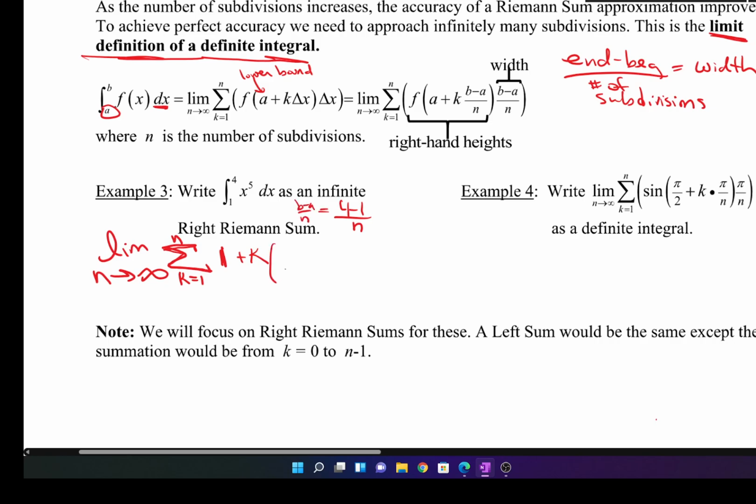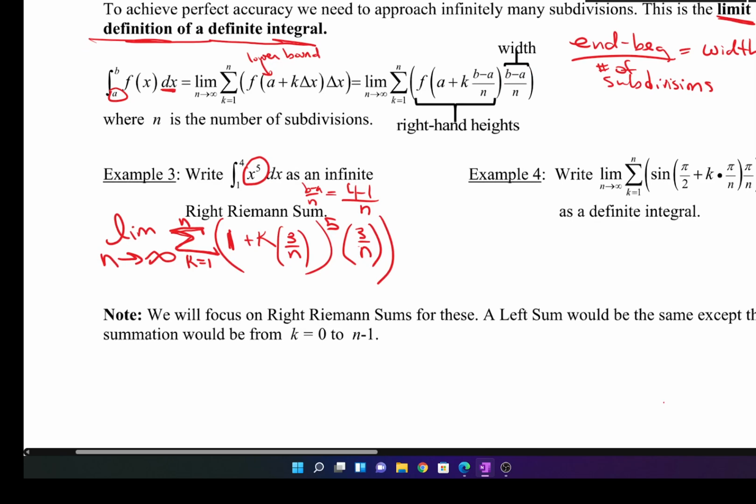And so I'm going to do k times 3 over n. And then they said, throw that into the function. Well, that's the function, so I'm throwing it in there. And that's how we get that. And then over here, I have to put another 3 over n, because that's just part of the formula right here. As it says, do it twice. Okay, so now I've got that. Now you see what that looks like.